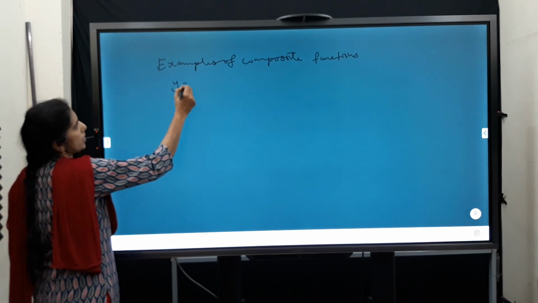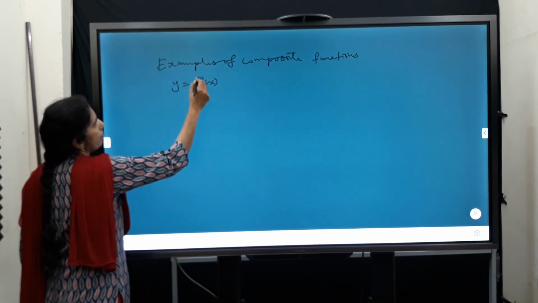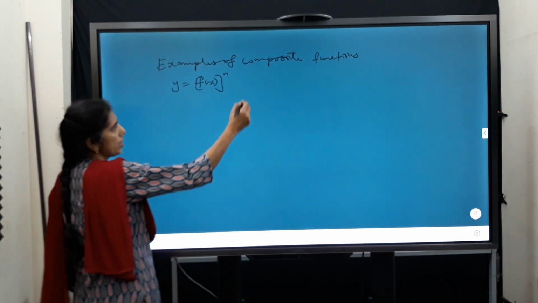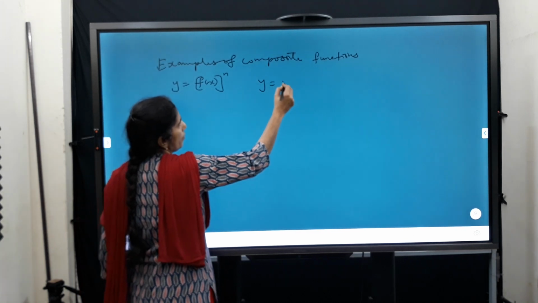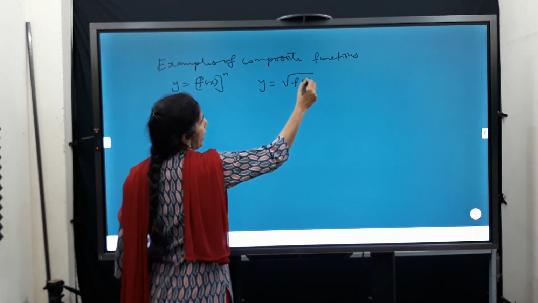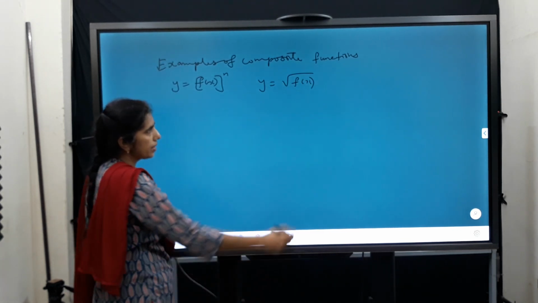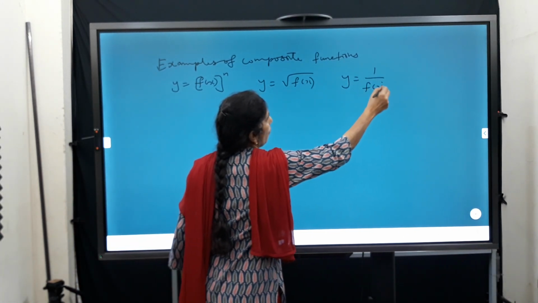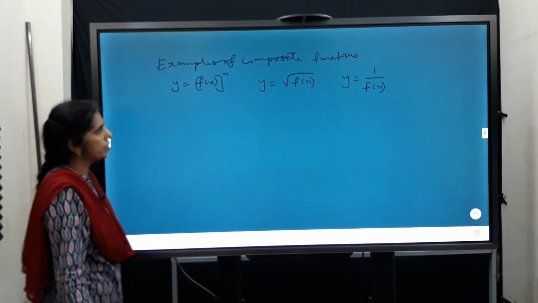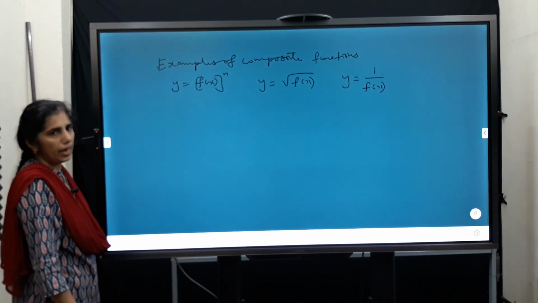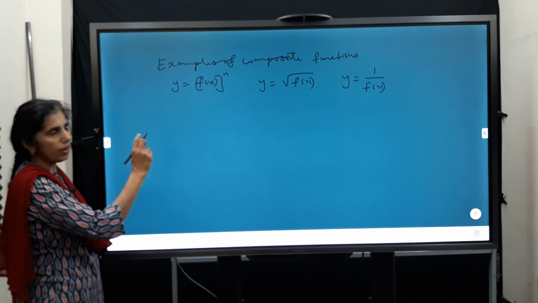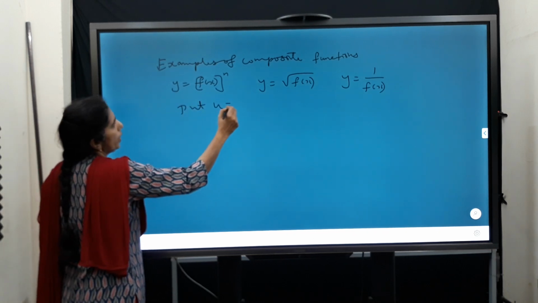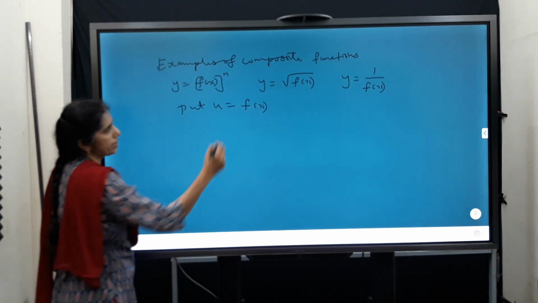Say, functions of the form f of x raised to n. This is a composite function. Another is function of the form y is equal to root of f of x, y is equal to 1 upon f of x. All these are composite functions. Now, to differentiate all these three types, we put u equal to f of x.